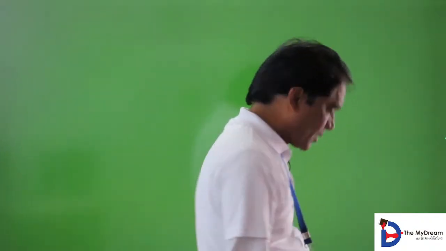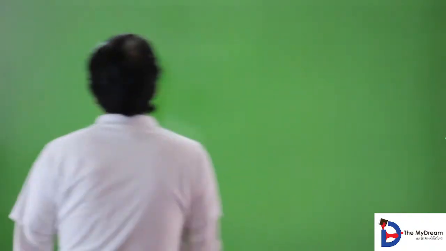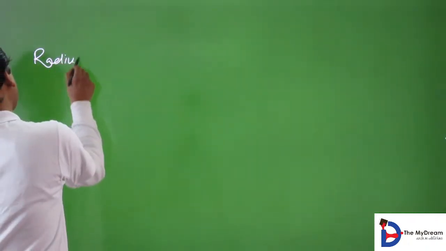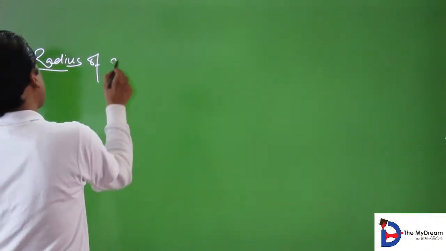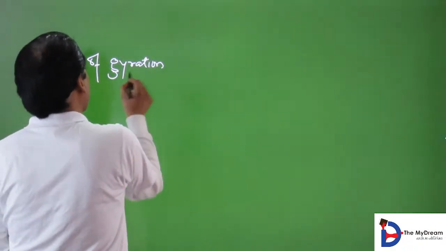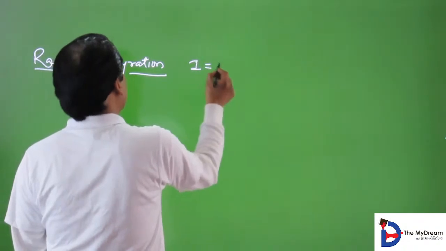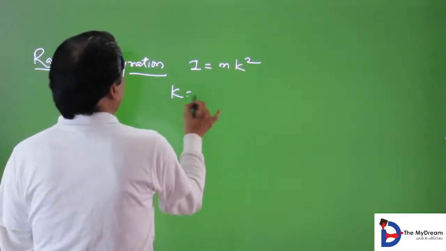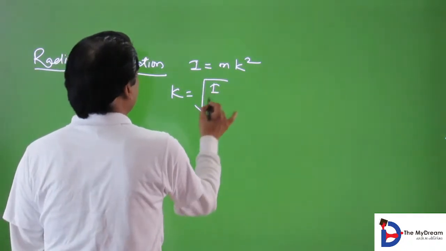Now, एक होता है रेडियस ऑफ गायरेशन. Radius of gyration: I is equal to m k square. K can be written as root of I by m.